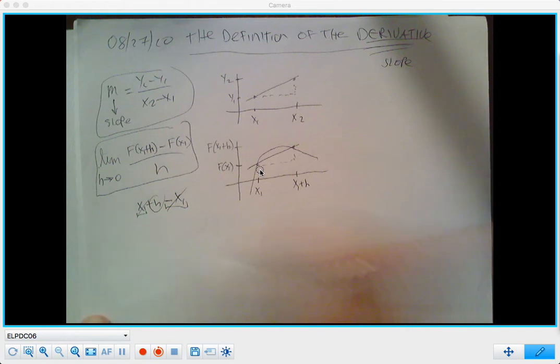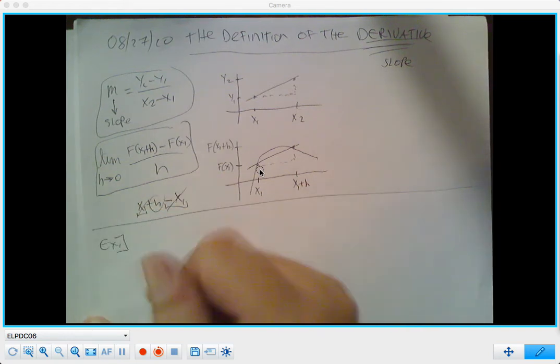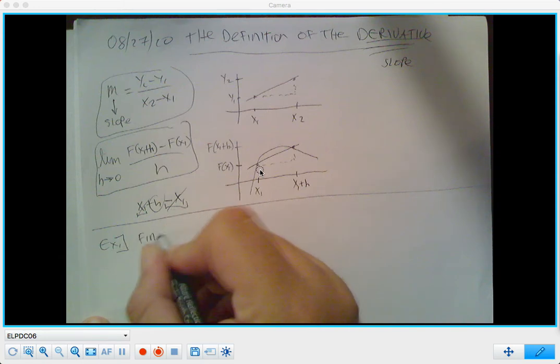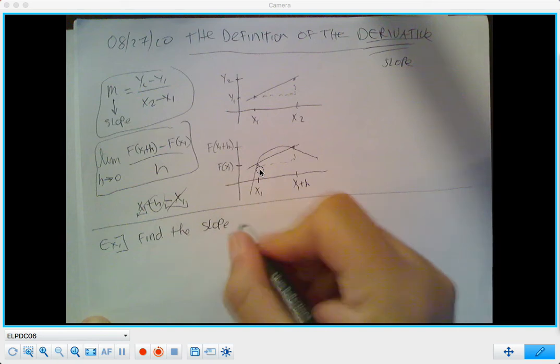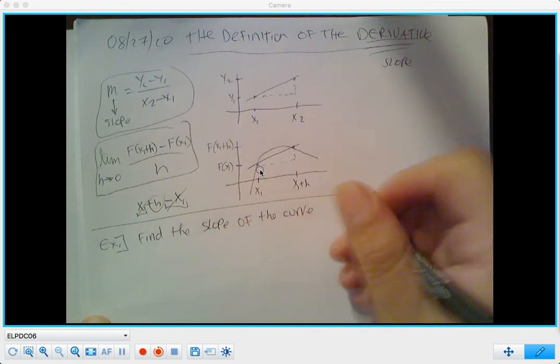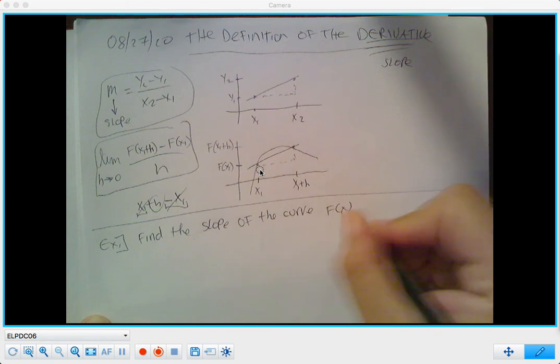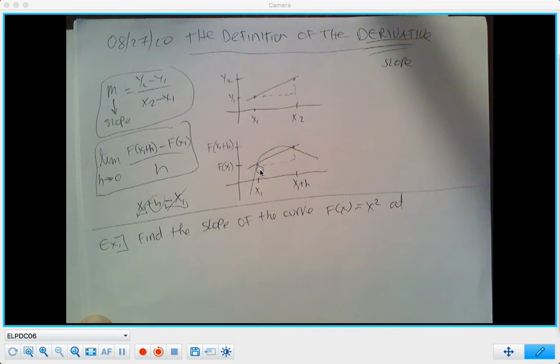Cool. So let's do example 1. Example 1 says find the slope of the curve f of x equals x squared at the point 2, 4.